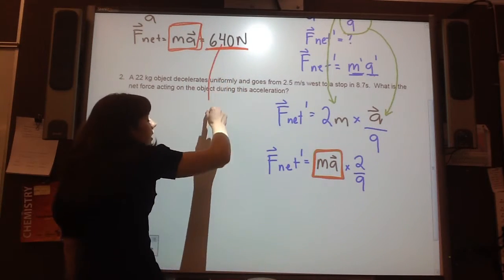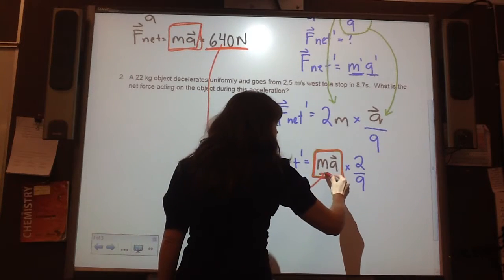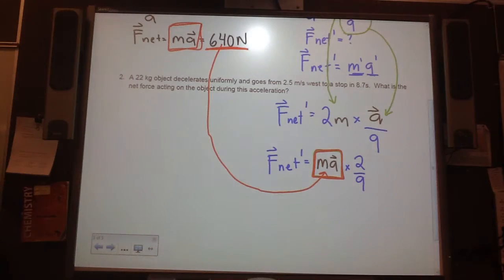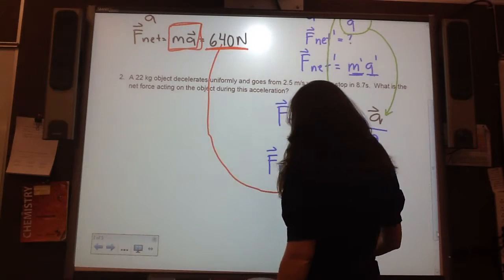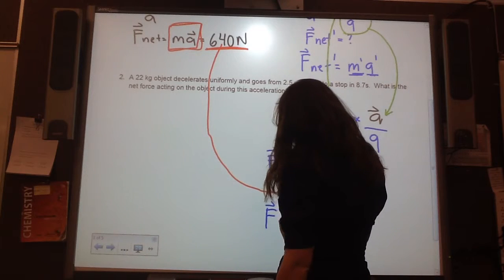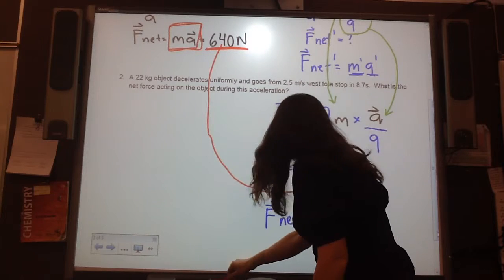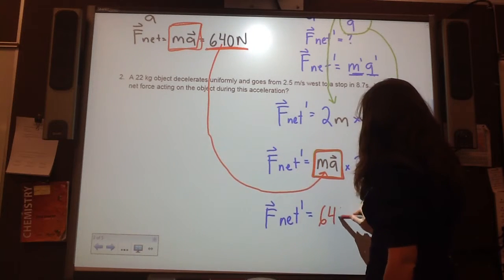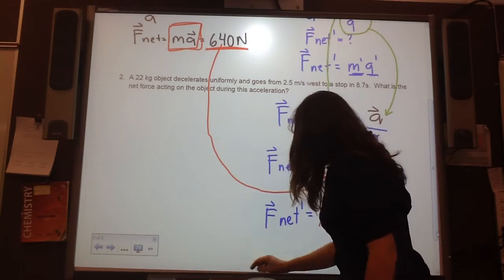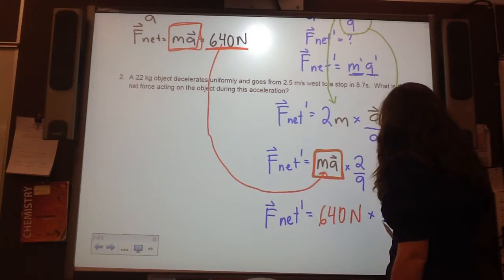So now I can take this number and substitute it right there. I can write F net prime is equal to 640 newtons multiplied by 2/9.